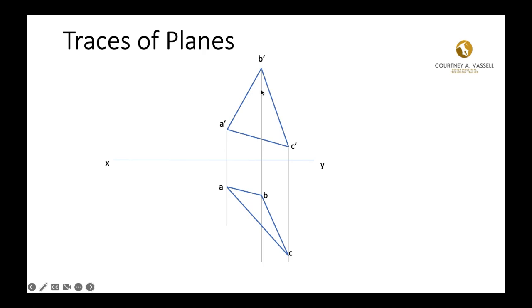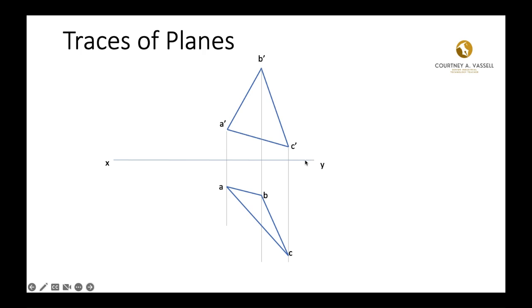Now, the key thing about this is that it's systematic in your approach. When you look, you will see that A prime, B prime has a line, and we could extend this line until it touches the XY. Or the B prime, C prime line, we could extend it and let it touch here. Also A prime, C prime we could, but if we do that, we would have to extend XY.